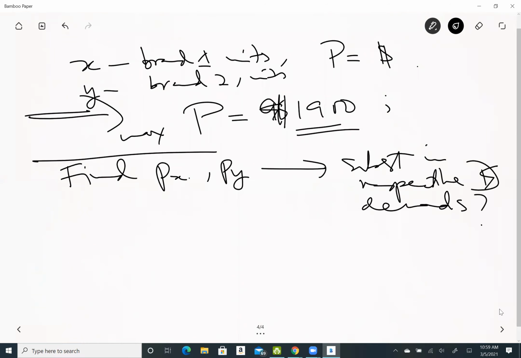To find PX, you substitute X and Y, which are equal to the answers you got earlier, into PX. And then to find PY, substitute the values of X and Y into PY. So you get the prices of X and Y. So you finish it up.